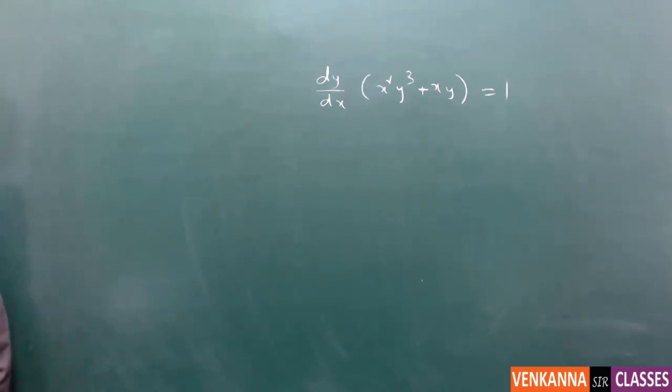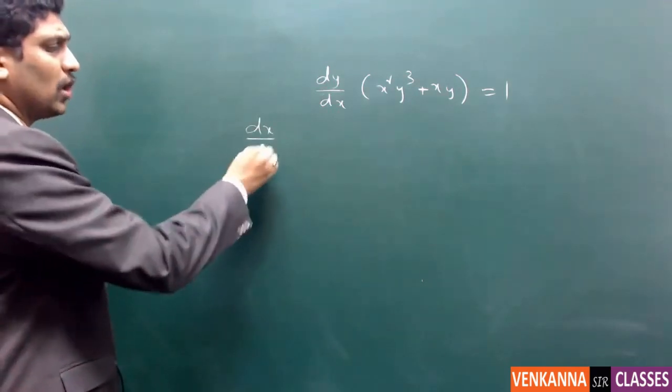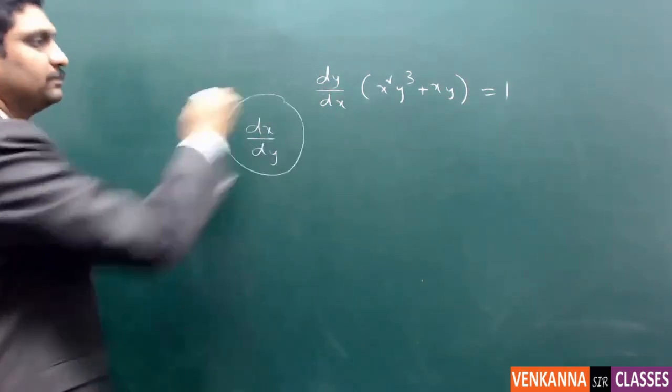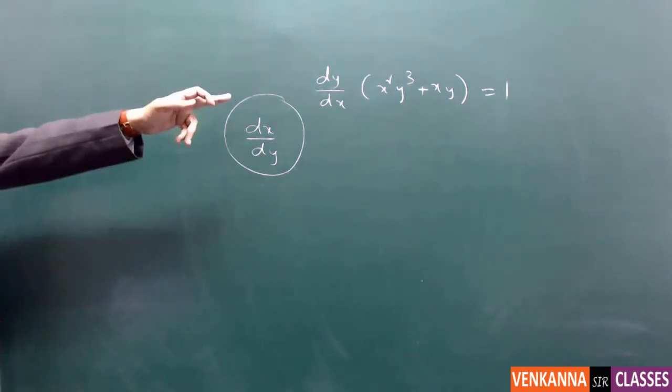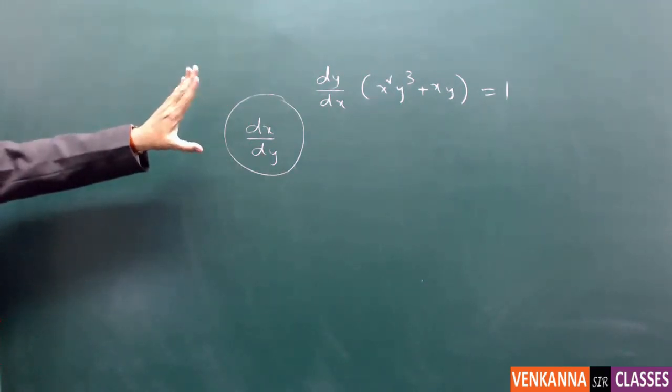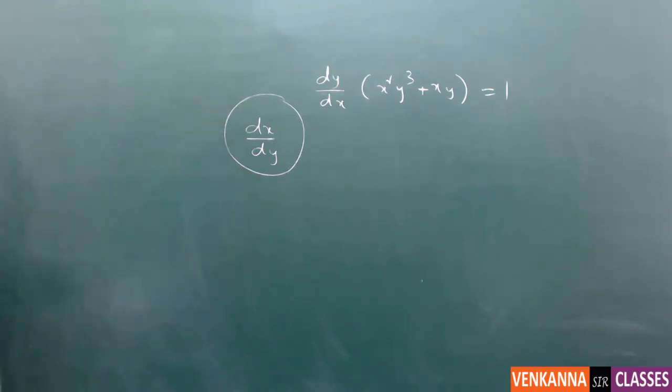So since you know, I am giving the hint that it is a Bernoulli model of dx by dy type. So multiply both sides with dx by dy. It comes under Bernoulli type. So you please convert into linear. From that part onwards, I proceed. Accepted?